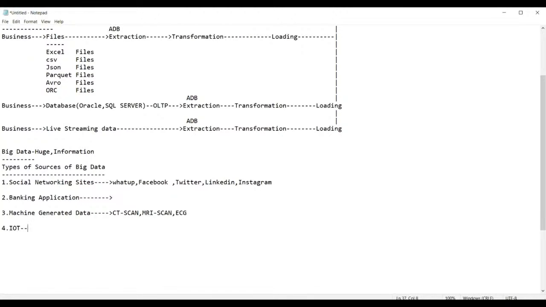We get data from sensors. These sensors basically measure pressure, gas pressure, temperature, and even wind.